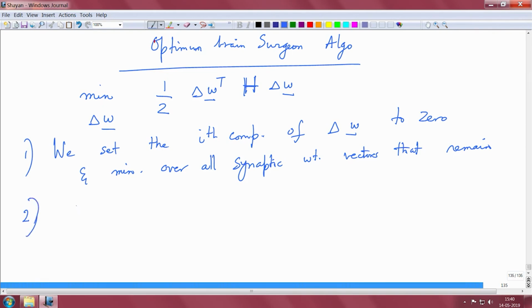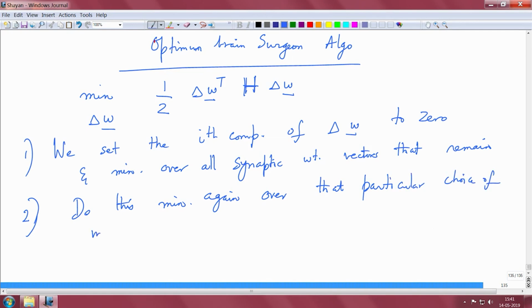and we do this minimization again over that particular choice of index I, right.